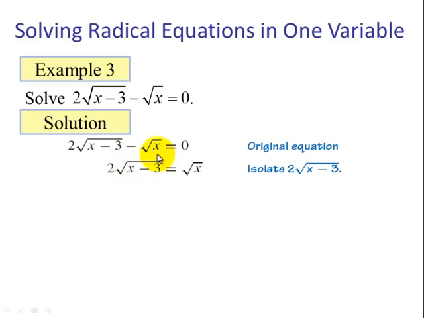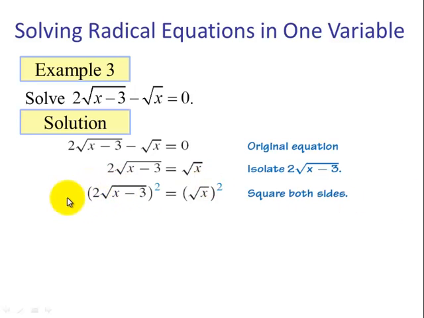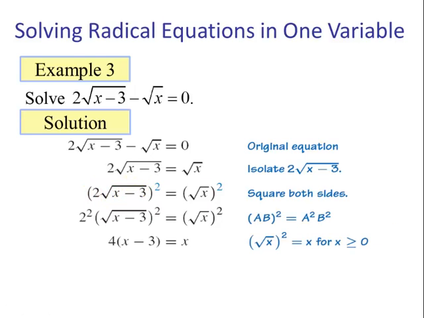Next, we want to square both sides of the equation. Square root of x squared, the square root and the square cancel. Now we have to be careful here because we have a 2 that's being squared also. So this will become 2 squared times x minus 3. Using the distributive property, we have 4x minus 12 equals x.